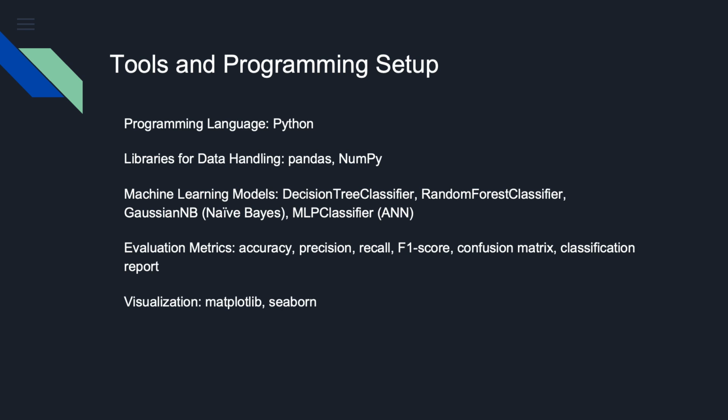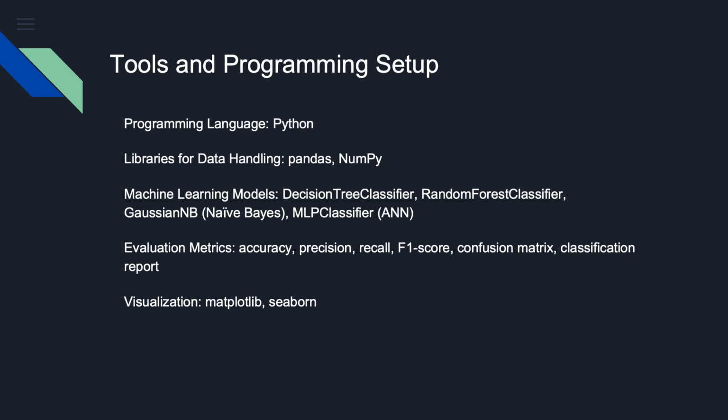The next slide is tools and programming setup. We implemented our models in Python using several key libraries. Pandas and NumPy were used for data manipulation and processing. For the models, we used Scikit-learn's decision tree, random forest, naive Bayes, and multi-layer perceptron classifiers.